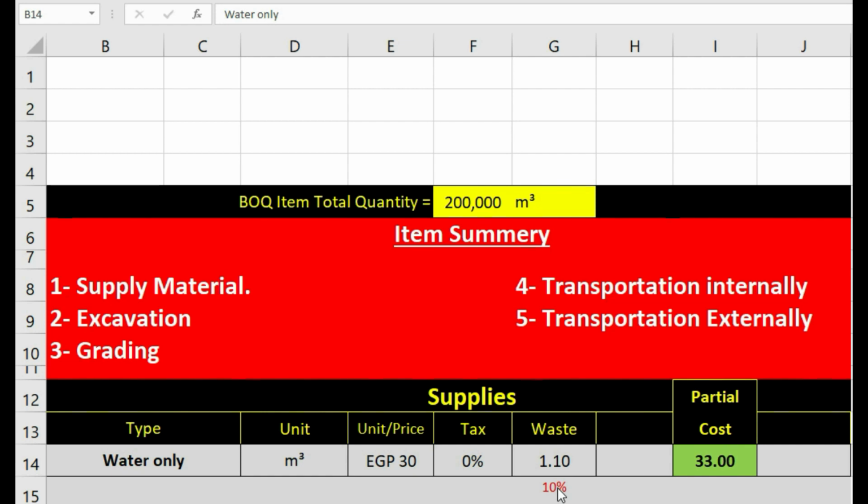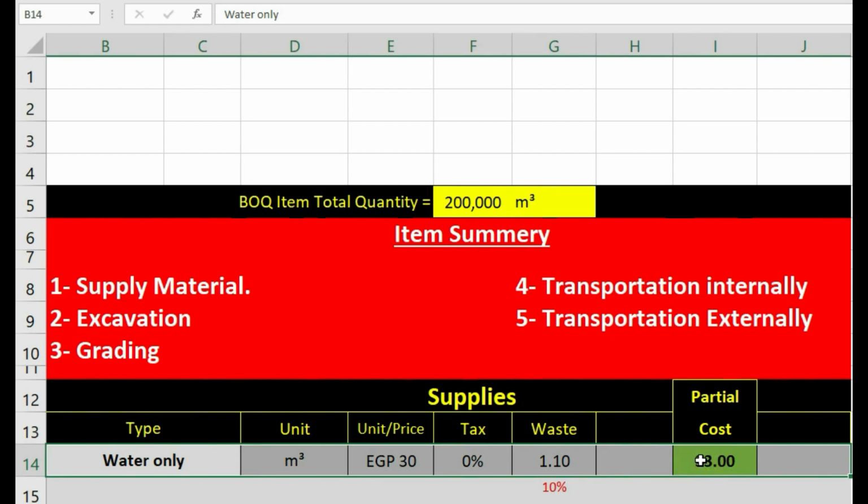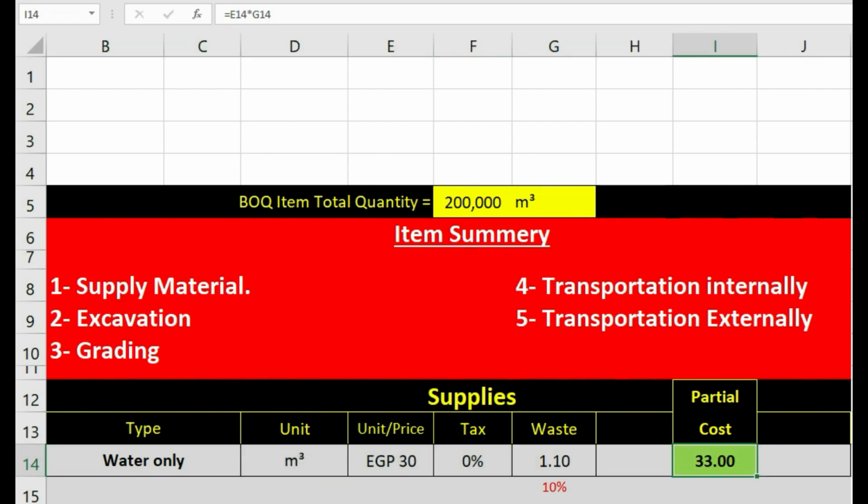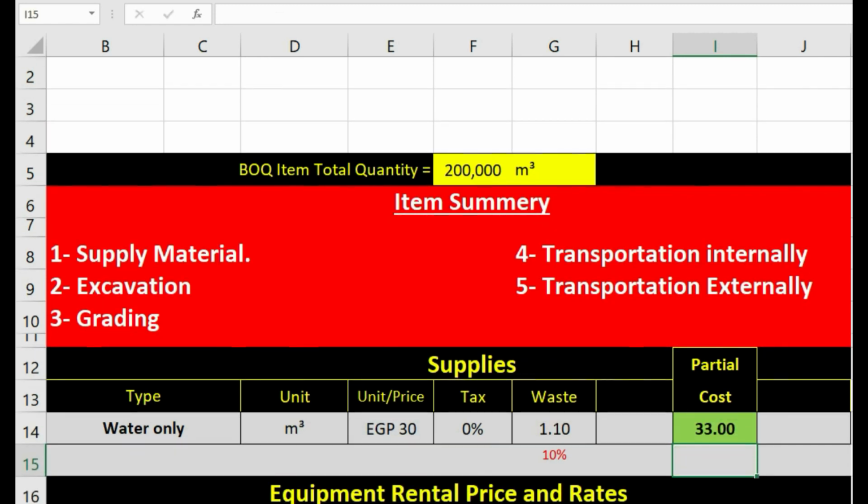Since we consider that the waste and evaporation of water is 10%, the waste factor is 1.1, which means that the partial cost of water equals the price of water from the source multiplied by the factor of waste and evaporation. The partial cost is 33 Egyptian pounds.